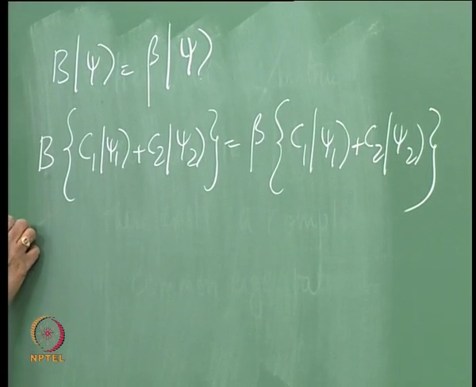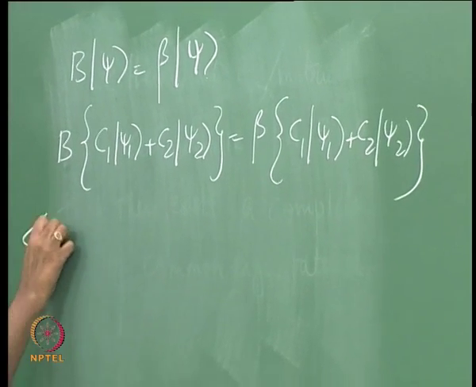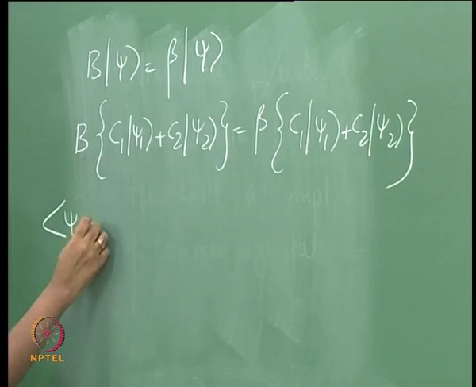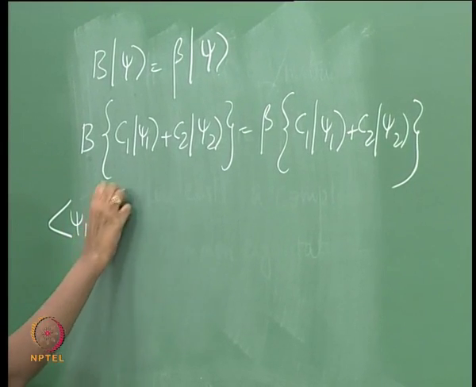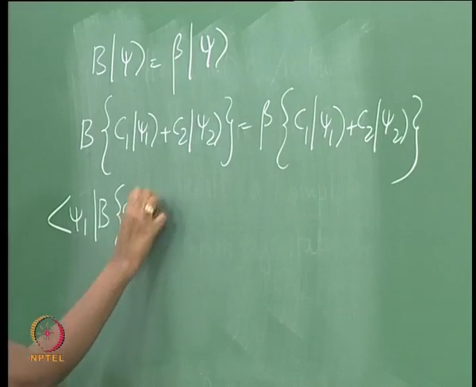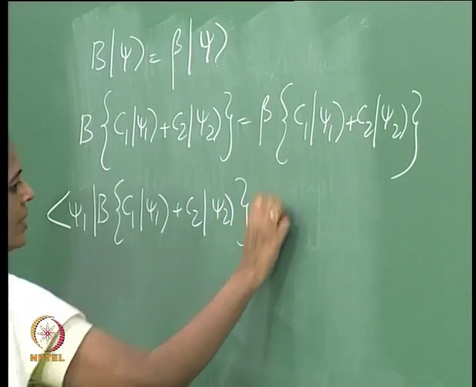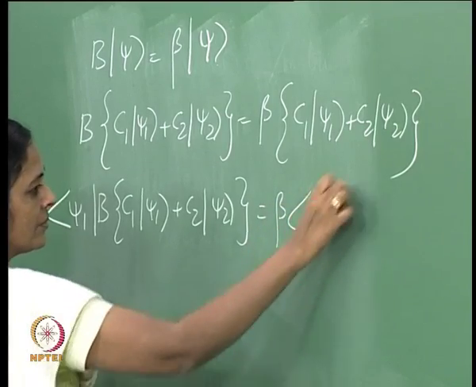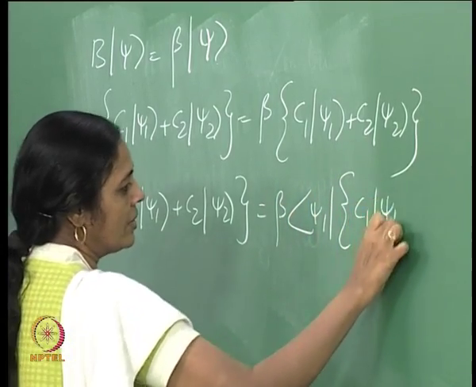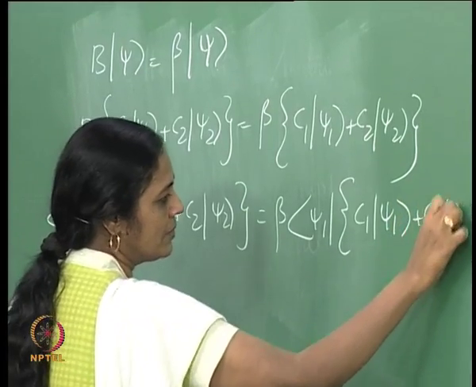Now, let us go ahead and do the following operation. Psi 1, B acting on C1 psi 1 plus C2 psi 2, that is clearly beta psi 1 times C1 psi 1 plus C2 psi 2.